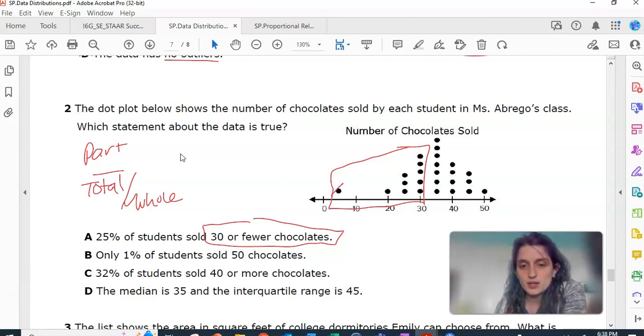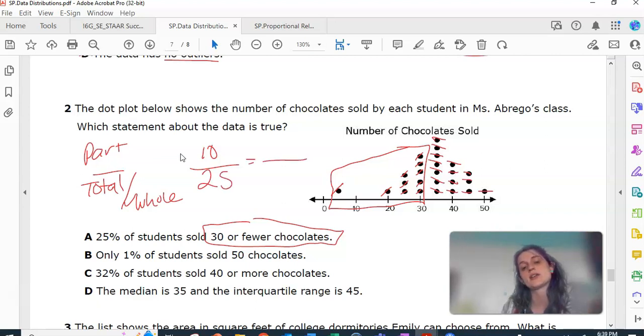So in my part, I have 1, 2, 3, 4, 5, 6, 7, 8, 9, 10, out of 25 chocolates. Now, in order to make a percent, percents are always out of 100. So you need to scale this up out of 100 to see, does 10 times 4 make 25? I don't think so. This is 40% right here. So the first one is not true.